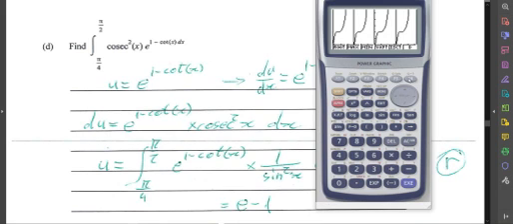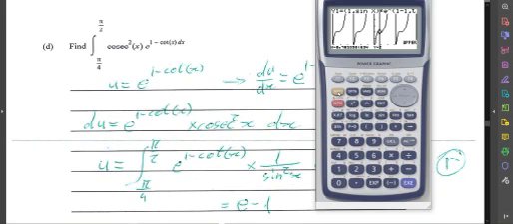Shift G solve. Integral between shift pi over 4. Yes, that one there.